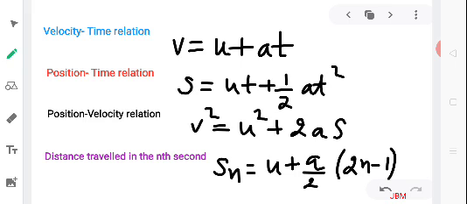These are the four equations of motion that will be derived using the calculus method today.